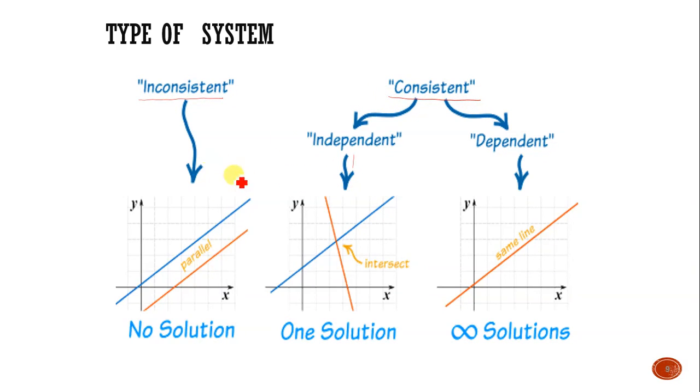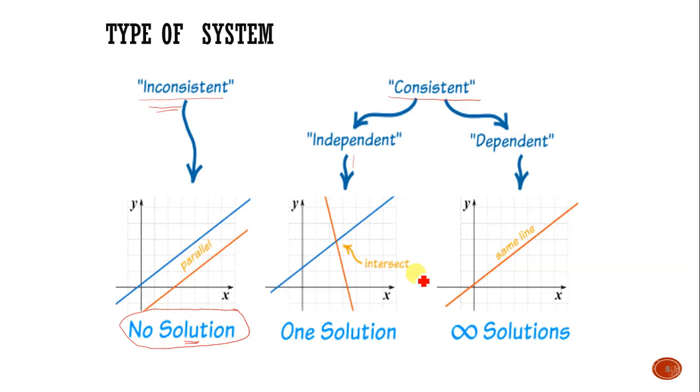The system is inconsistent when it has no solution. In the last example we have seen that when lines are parallel with each other, the system has no solution. For no solution we say that the system is inconsistent.